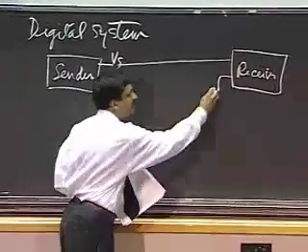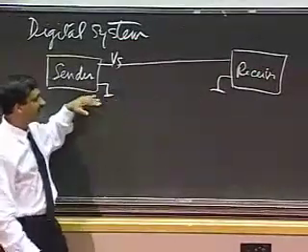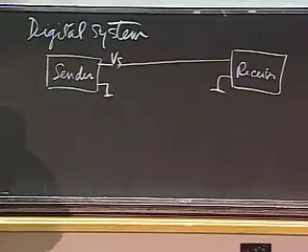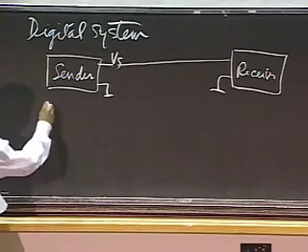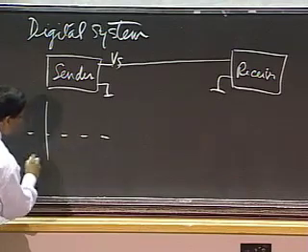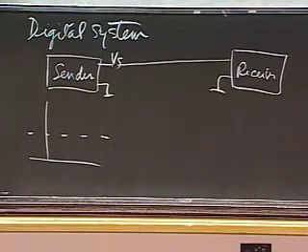This symbol simply says that both of them share a ground wire. So the sender and a receiver, and the sender is interested in sending a signal to the receiver.